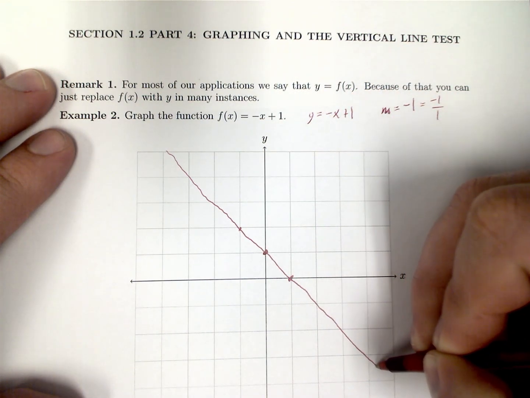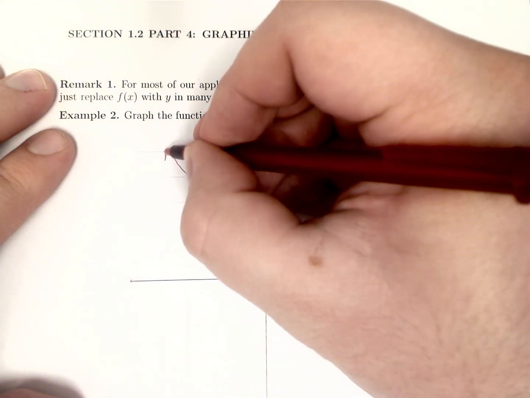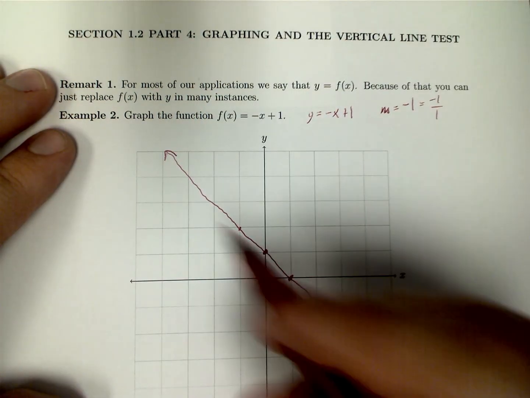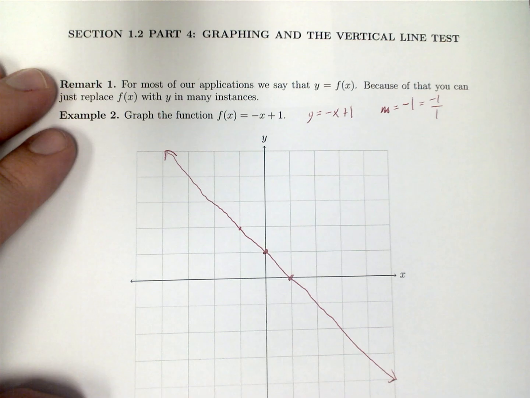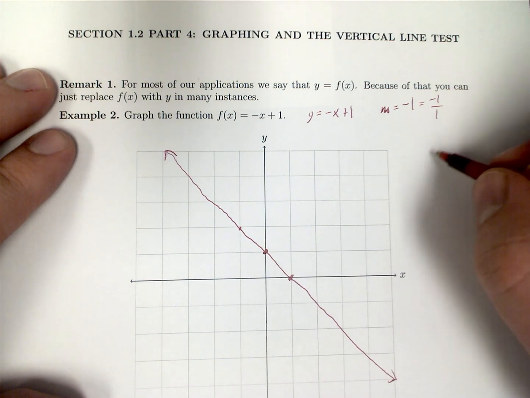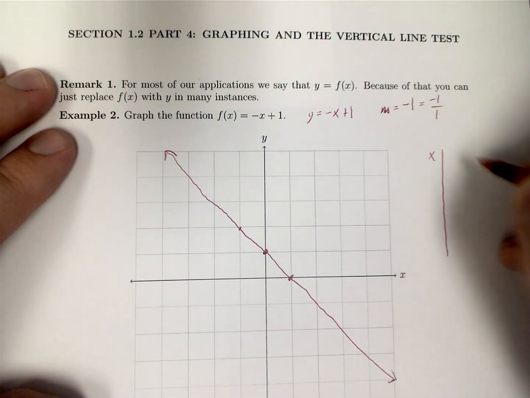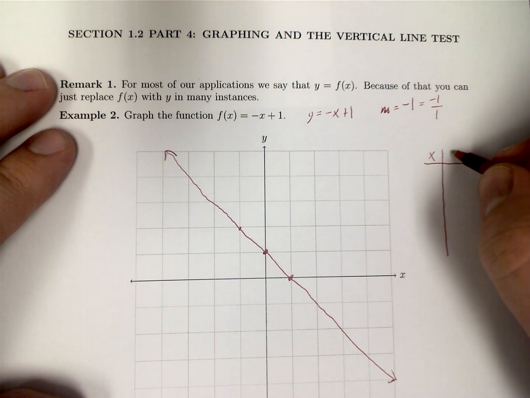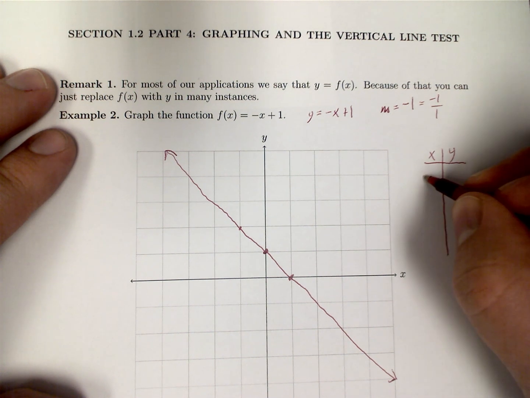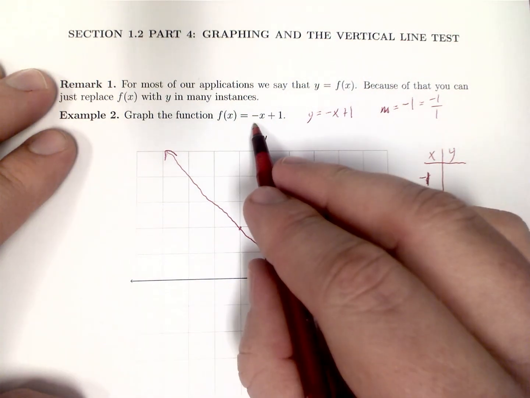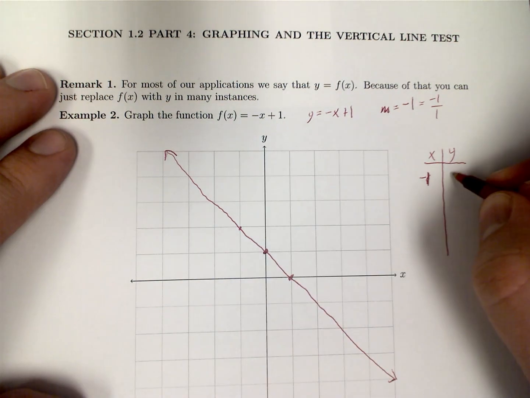Alternatively, if you don't remember this, and we will be going back over this in more detail later, this is not a perfect graph, by the way. You can also try a table of values because this is a function. So again, every input should only have one y output. For example, if you plugged in negative 1, negative of negative 1 is 1, plus 1 is 2.